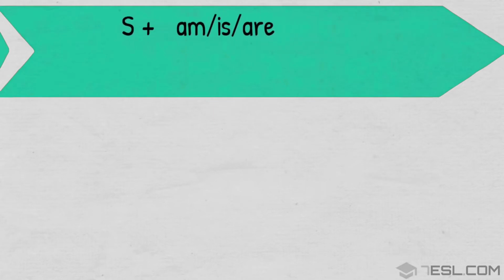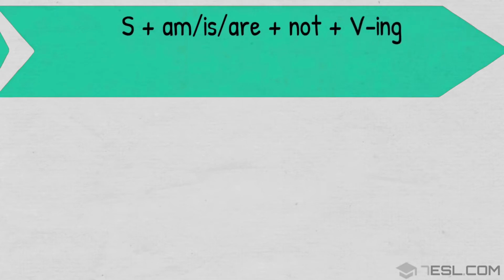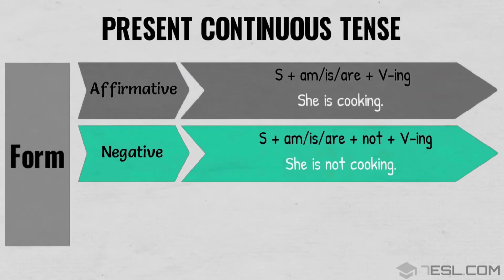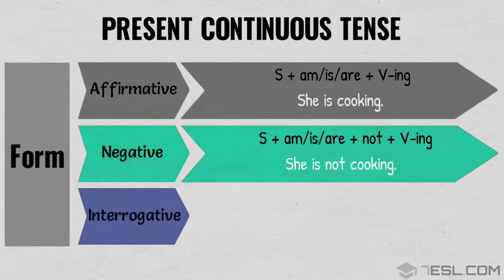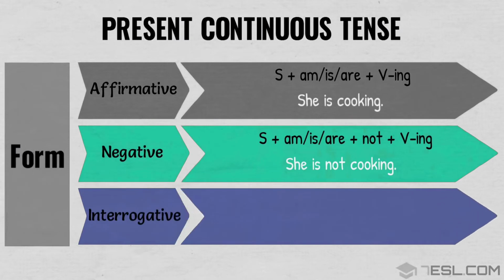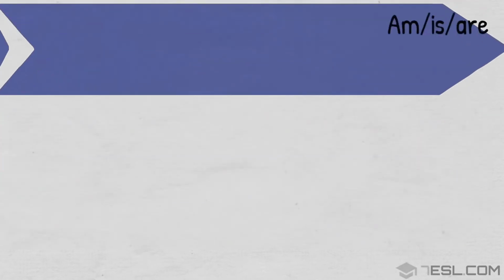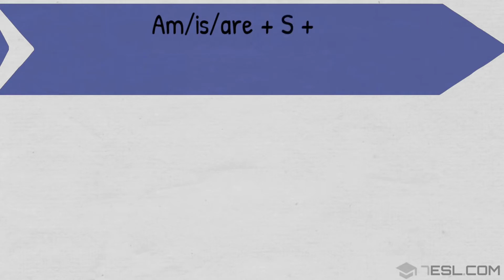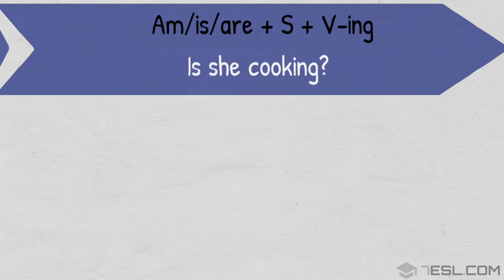Subject plus am, is, or are plus not plus verb-ing. She is not cooking. Interrogative. Am, is, or are plus subject plus verb-ing. Is she cooking?